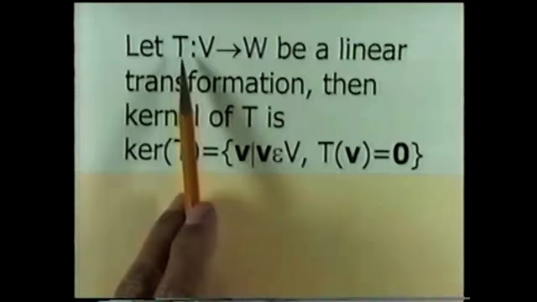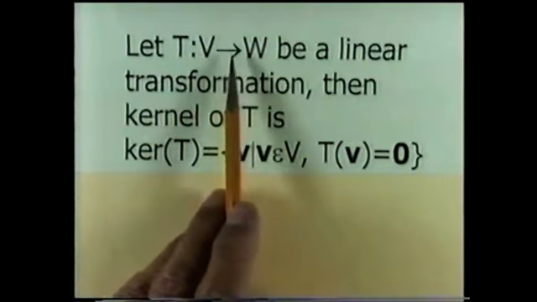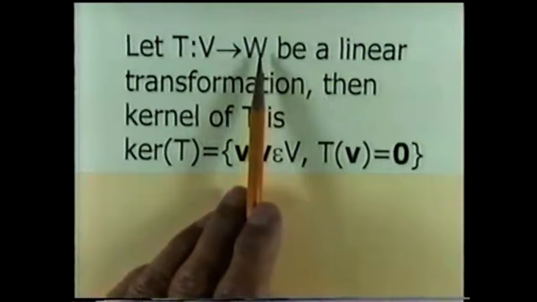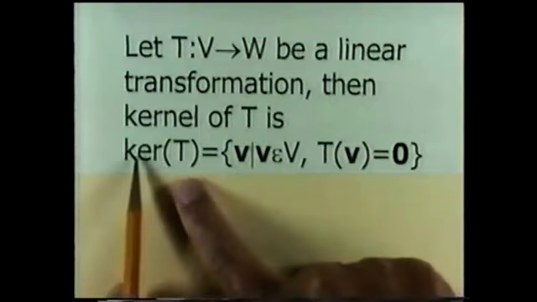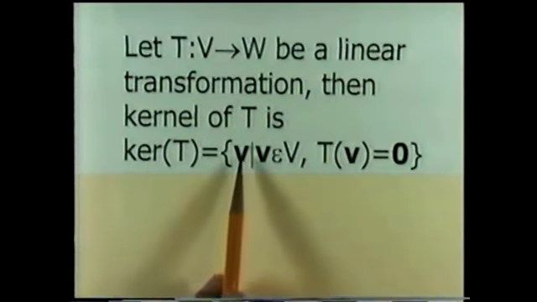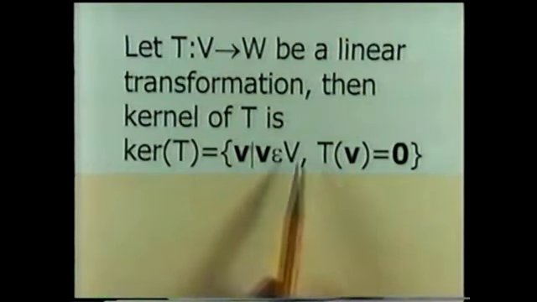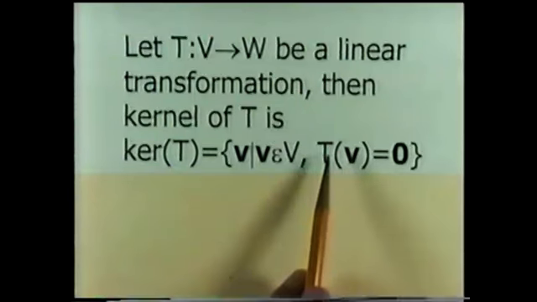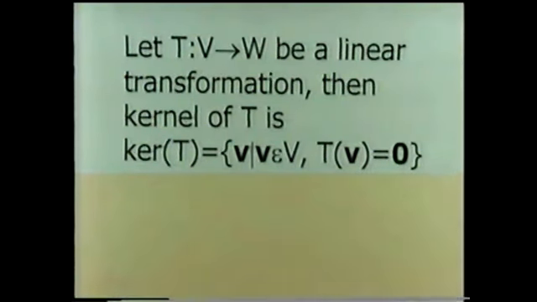Let T be a linear transformation mapping vector space V into vector space W. Then the kernel of T, denoted by ker(T), is the set of all v in vector space V such that T(v) is equal to 0.